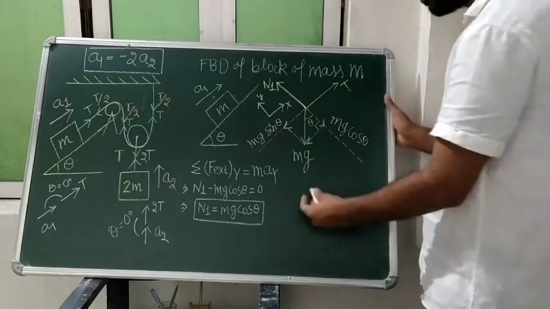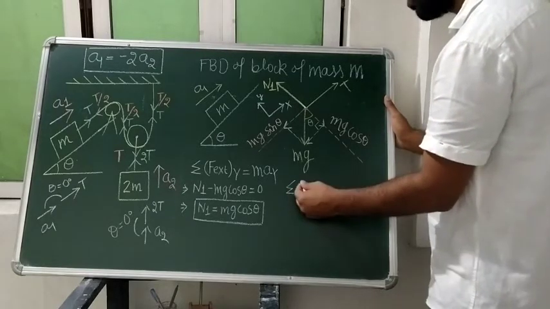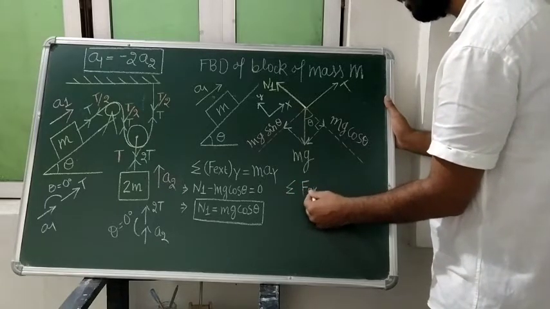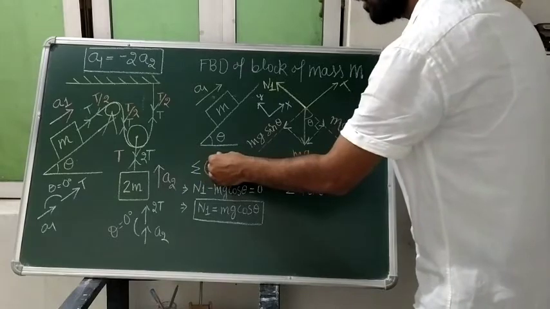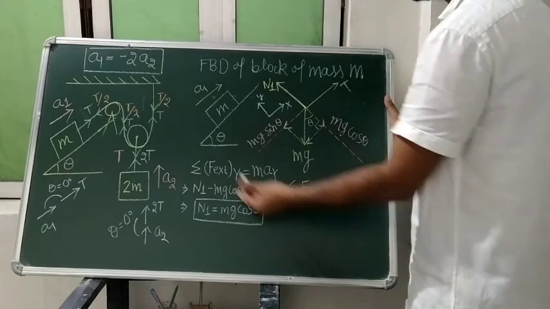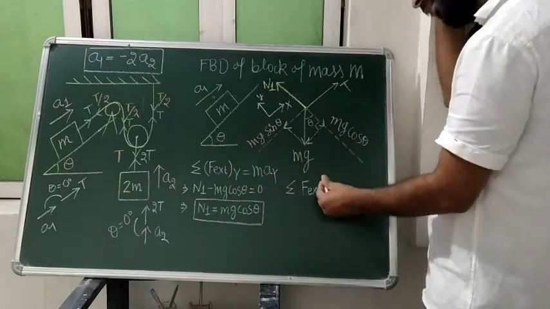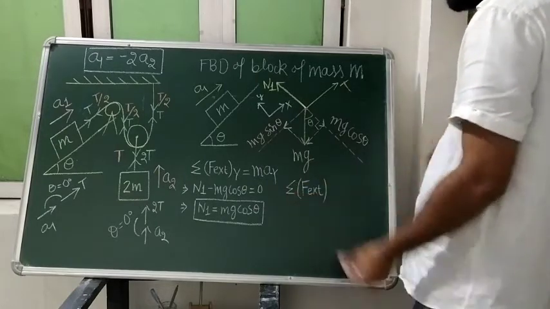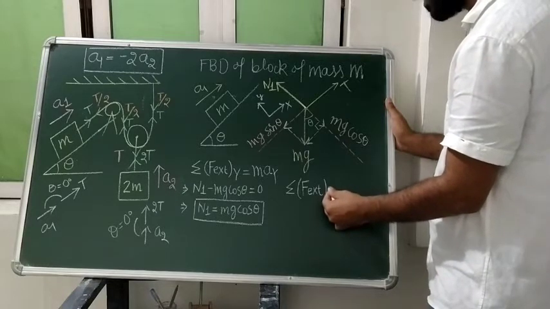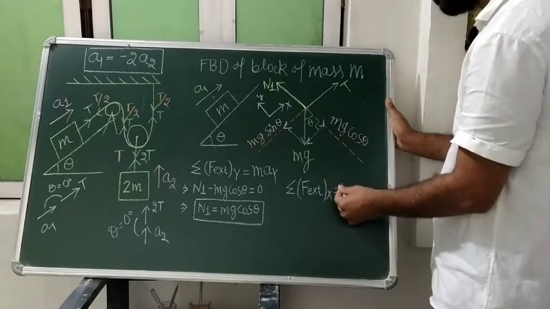So in the same way, we will apply Newton's second law in x direction. So F external, the vector sum of all the external forces acting in x direction, should be equal to what, student?